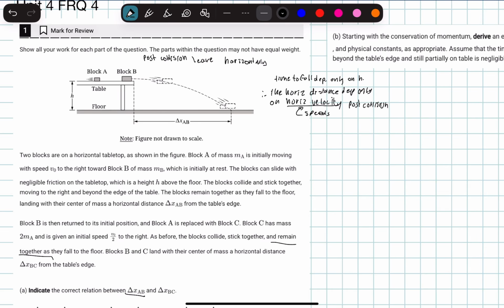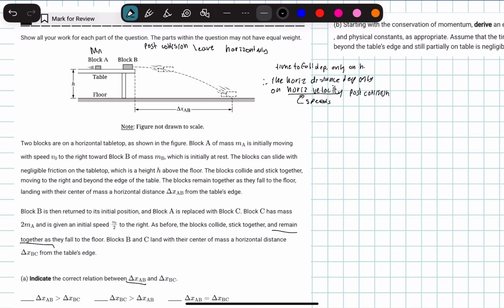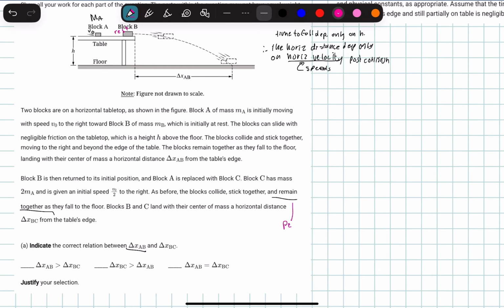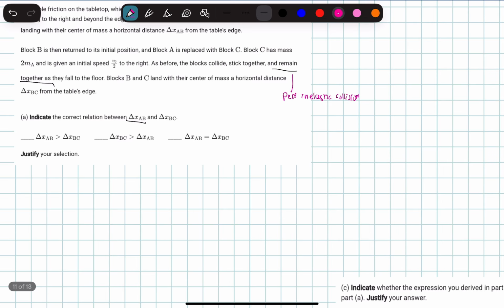So now we know block A has mass MA, block B has mass MB, and the initial speed of A is V initial, and block B is at rest. Then they stick together, so that's a perfectly inelastic collision. Because there are no net horizontal forces, we can use conservation of momentum.